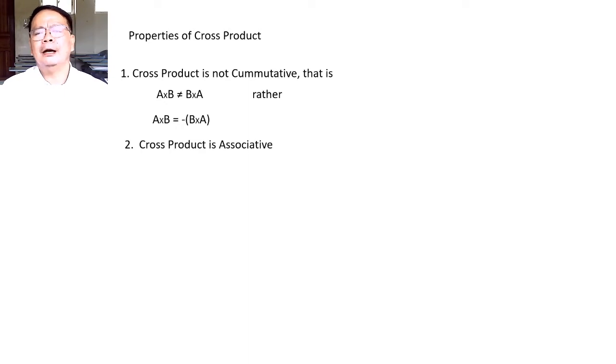For the second property, we have that the cross product is associative, just like the dot product. What do we mean by associative?